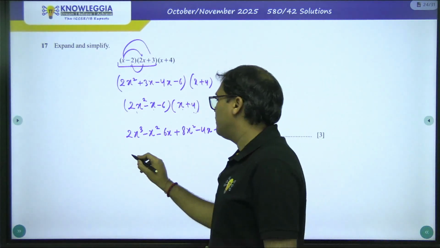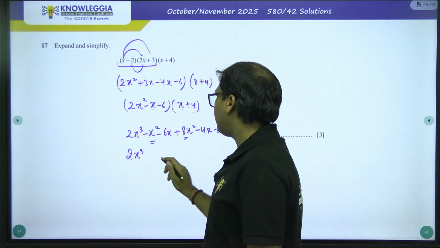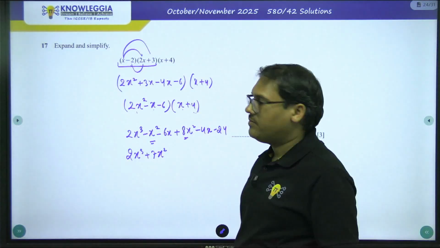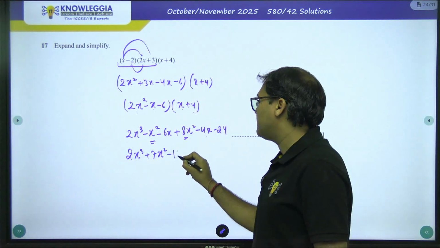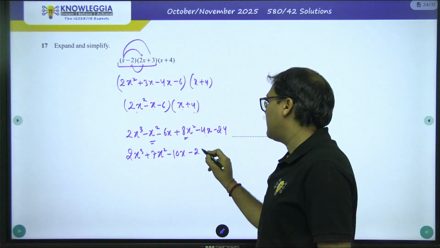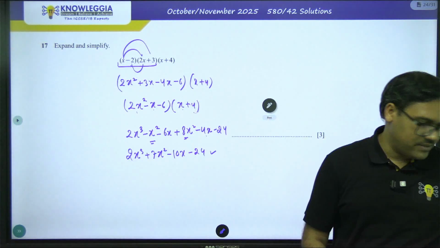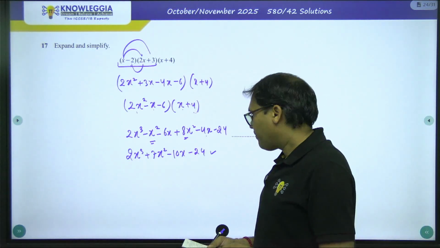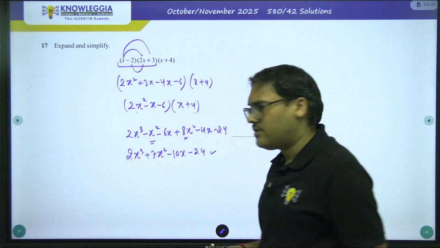So this is 2x cube plus 7x squared, 8 minus 1. Minus 4x minus 6x will become minus 10x, and this is negative 24. That is the answer for this. Let's verify the answer: 2x cube plus 7x squared minus 10x minus 24 is the answer for this question.